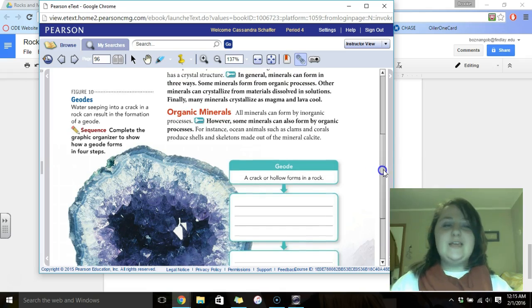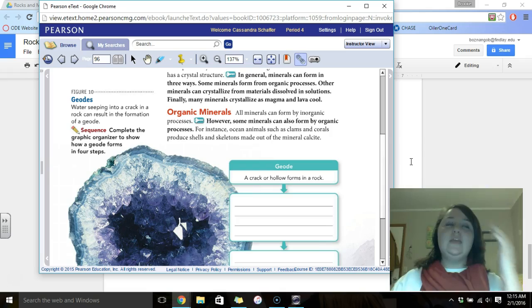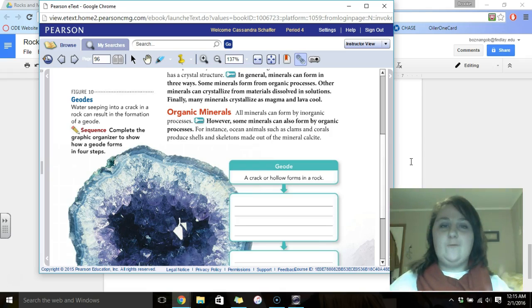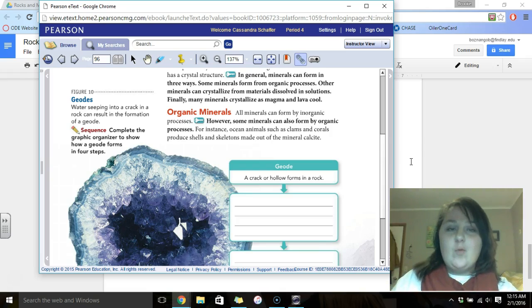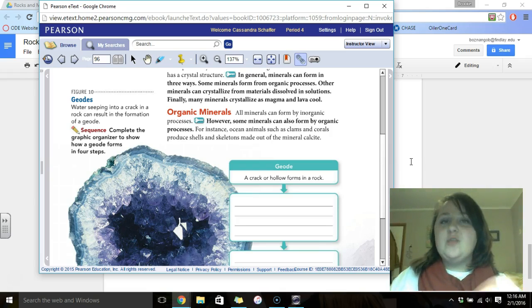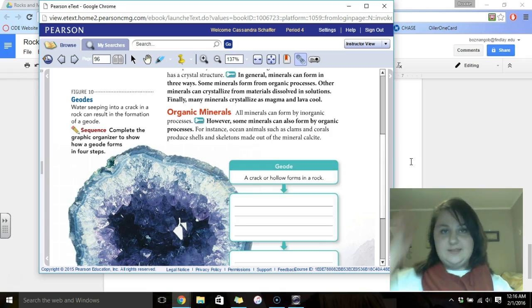So what it's saying here is that even though all minerals can form by inorganic processes, some can also form by organic. Like calcite, for example, can form from organic processes, but it also forms by inorganic. You can't have a mineral that only forms by organic processes.